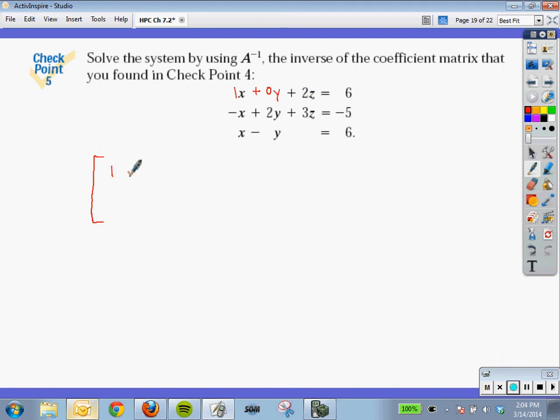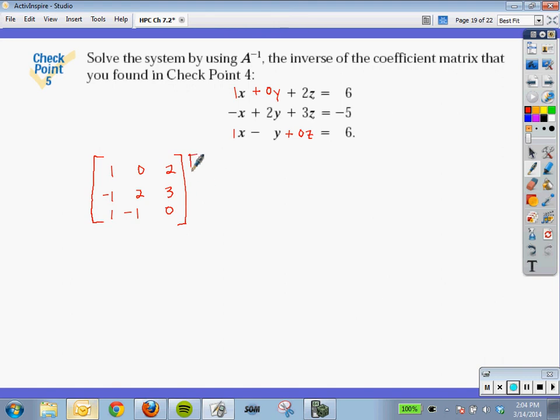So I have a 1, a 0, and a 2. And then for the next row, I have a -1, a 2, and a 3. In the next row, I have a 1, a -1, and a 0.